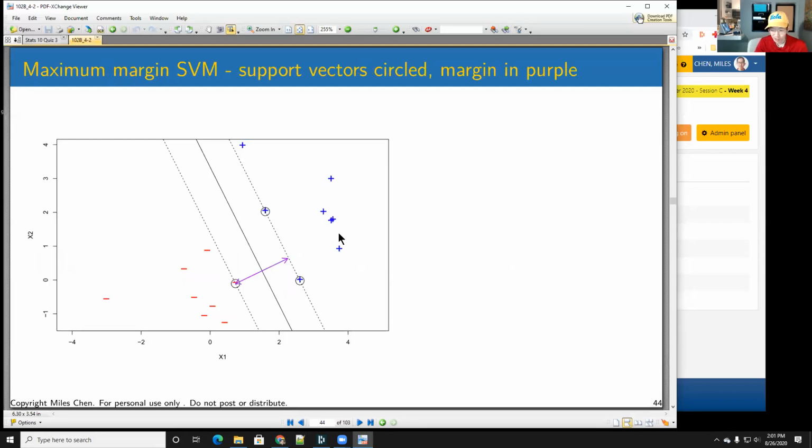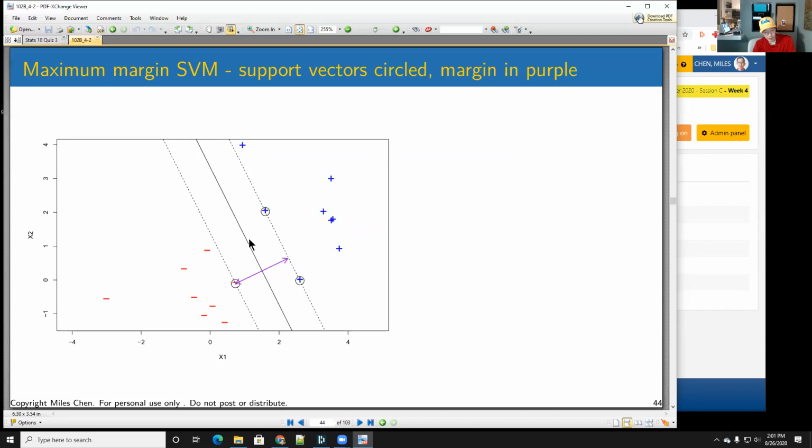So here, let me just talk about this. This is the margin that we end up selecting. This line in purple, I'm sorry, the purple is the margin, the distance from one hyperplane to the other.